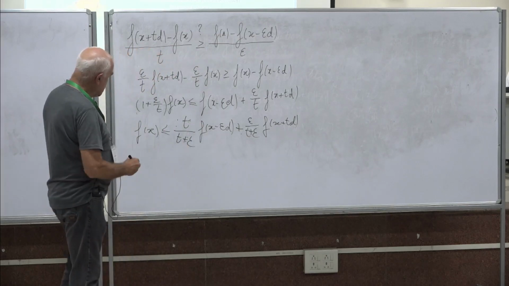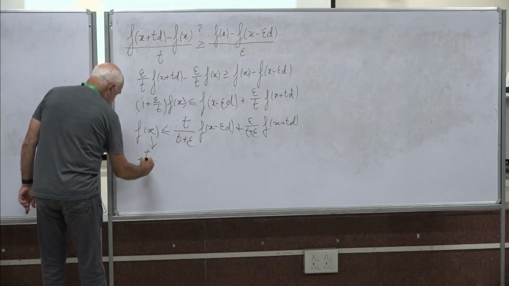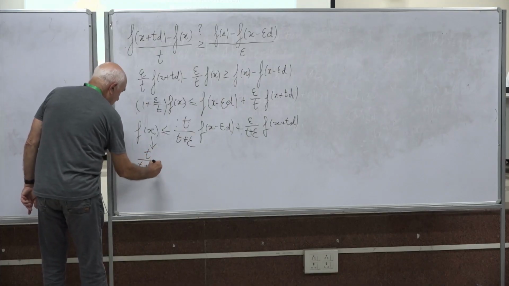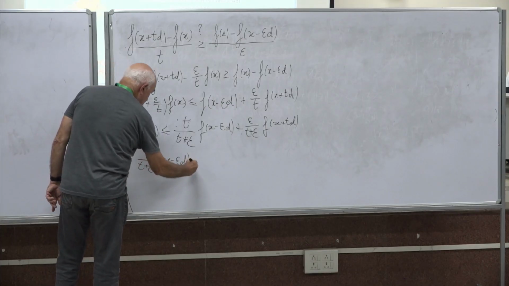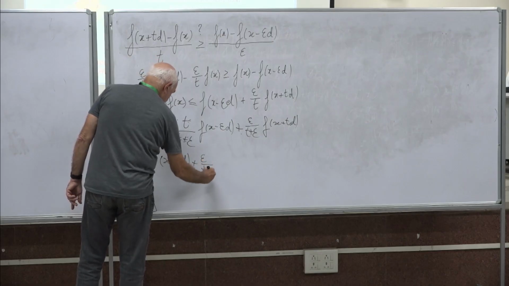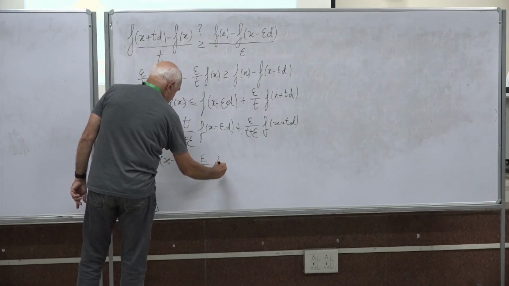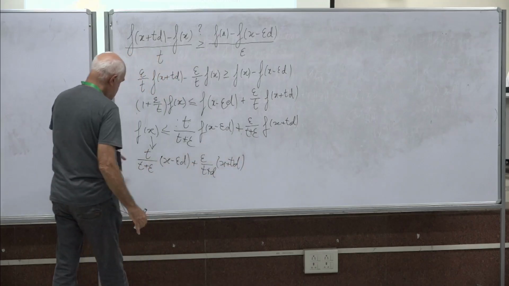This is true because x is t over t plus epsilon times (x minus epsilon d) plus epsilon over t plus epsilon times (x plus td). Is this true?